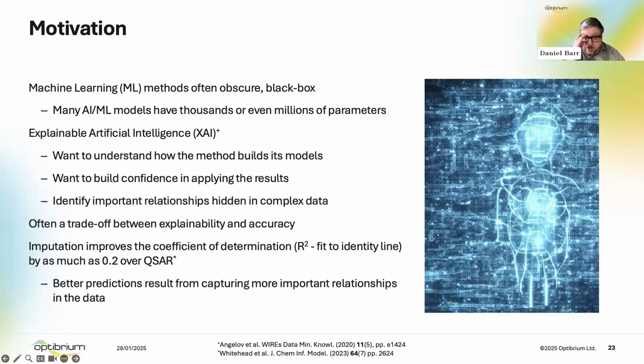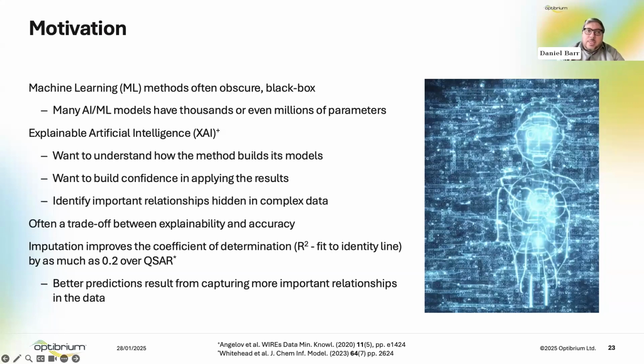And this gets lots of hype in the media, but it arises from the fact that not all of our machine learning or artificial intelligence methods are explainable. Sometimes we've got methods that use so many thousands or millions of parameters that it can be difficult to ascertain on what basis it's making a particular prediction or giving a particular result.